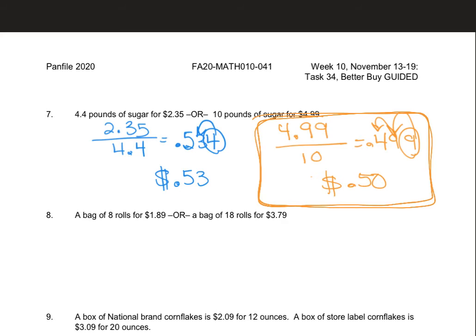All right, a bag of rolls for $1.89 for 8 of them. It's going to give us 0.236. The 6 rounds the 3 to a 4.